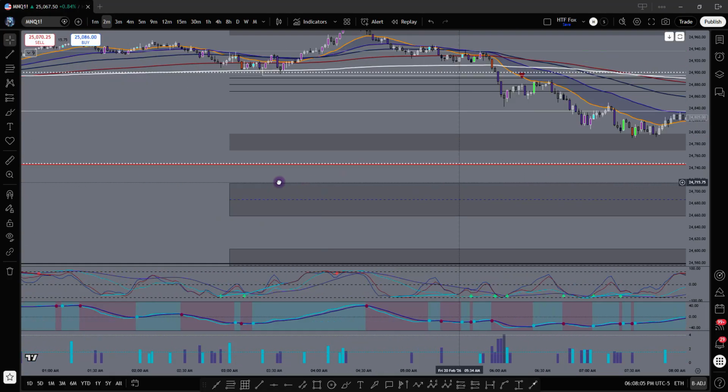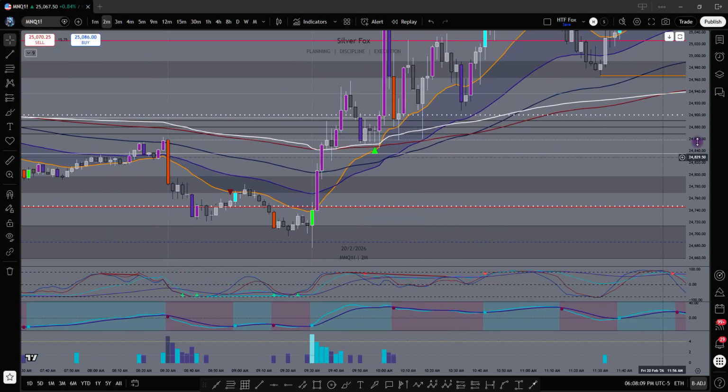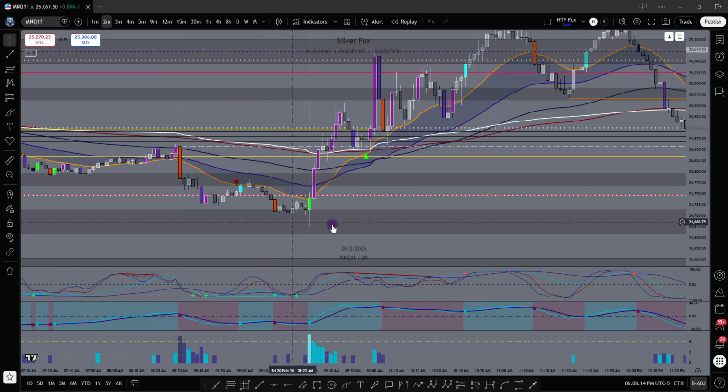I think I was on the 2-minute today. So coming into our bullish zone, we have a 1 hour high time frame swing formation forming.